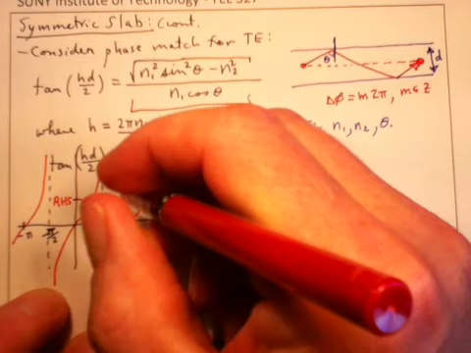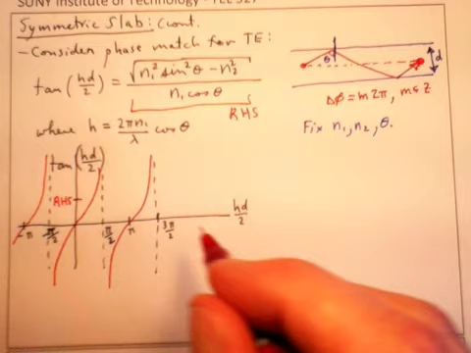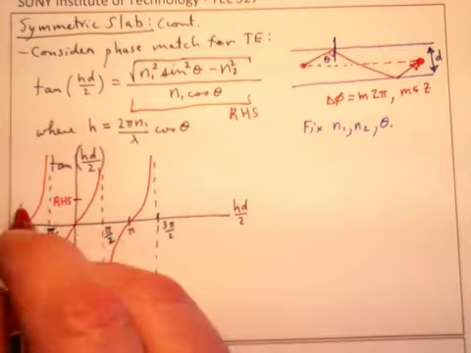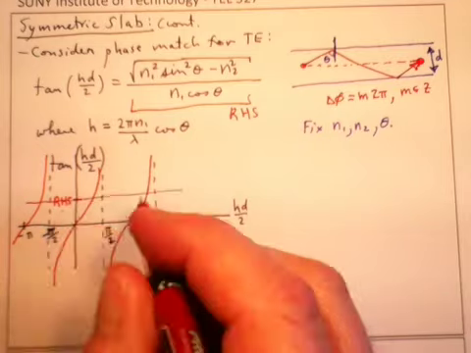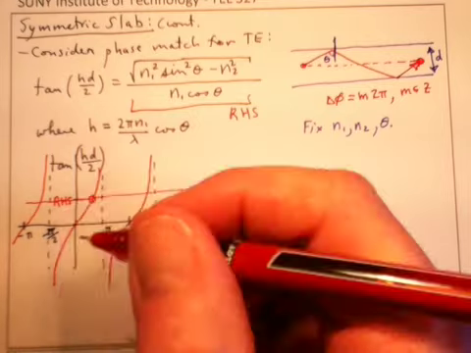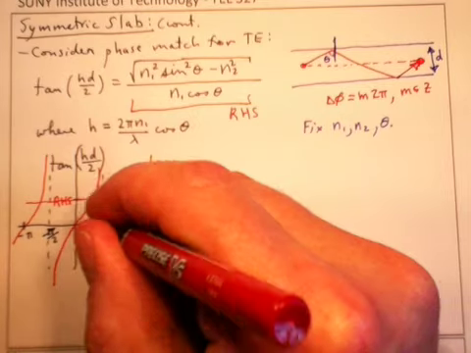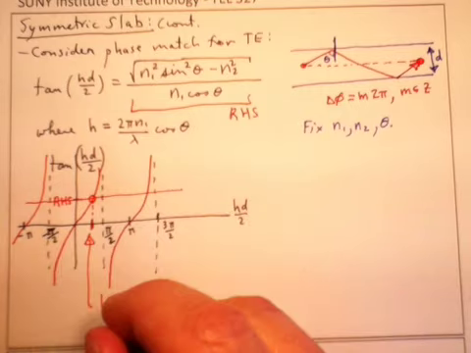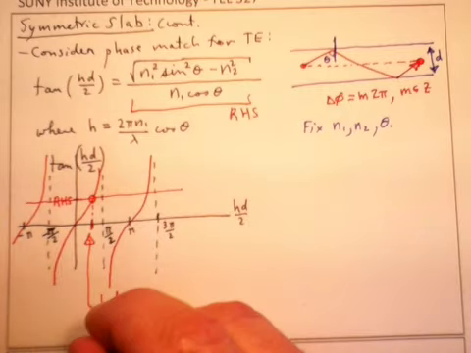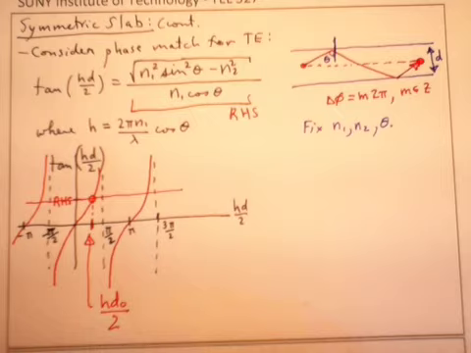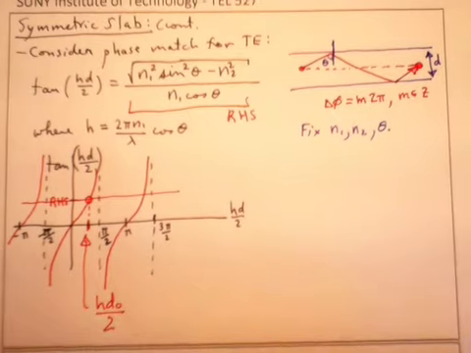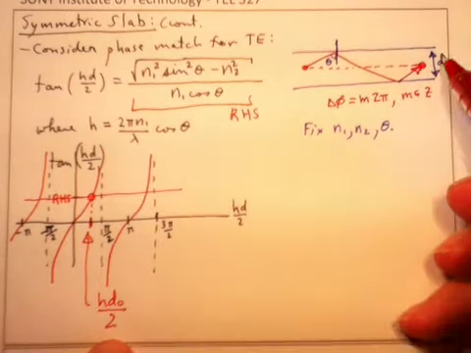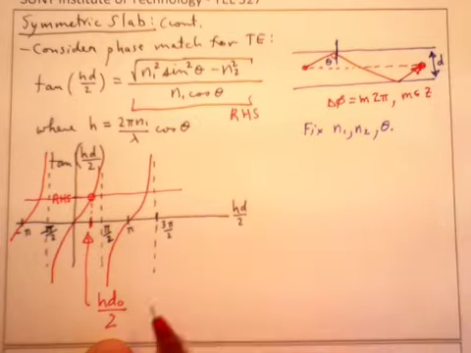So we're going to strike this value here and find this first solution. And this first solution we're going to call hd naught over 2. That characterizes a particular thickness of the waveguide for which phase matching occurs.